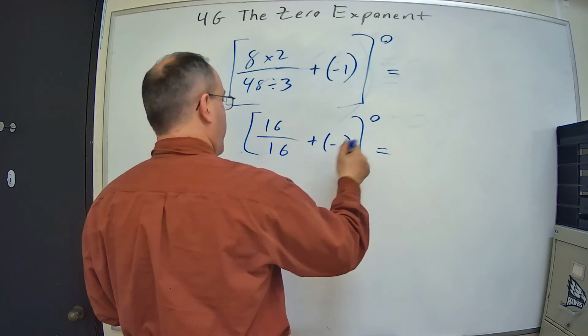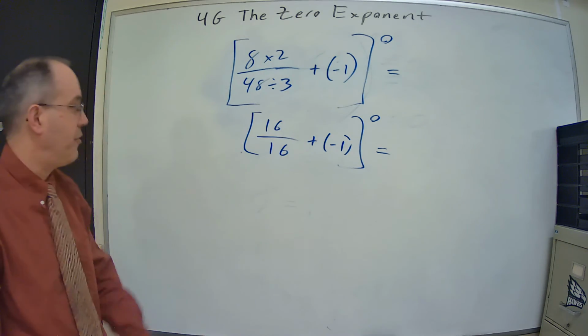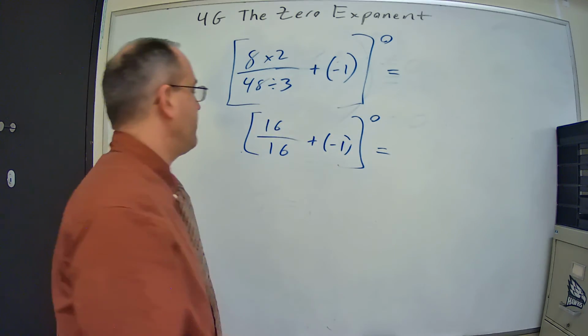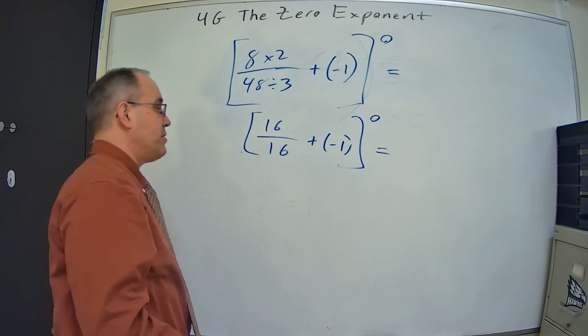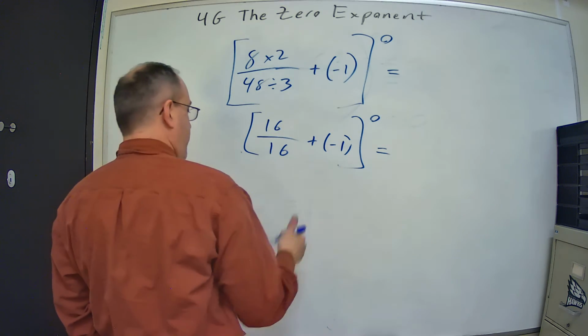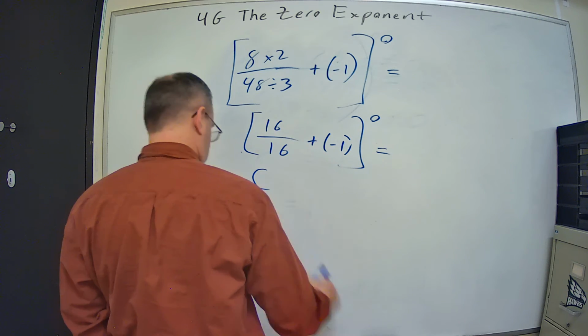Why did I put a 3 there? You guys need to catch me on this. Okay, -1. I had 3 in my mind from that, I guess. So 16 divided by 16 is 1.